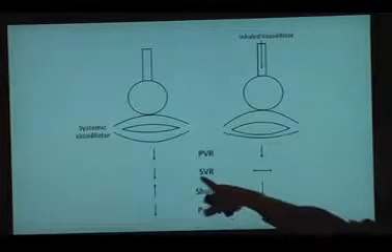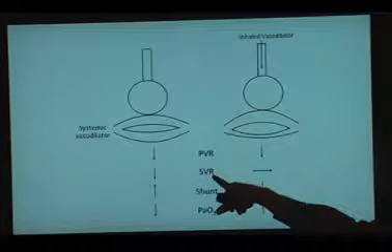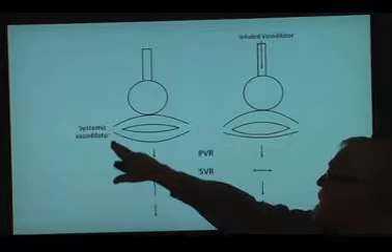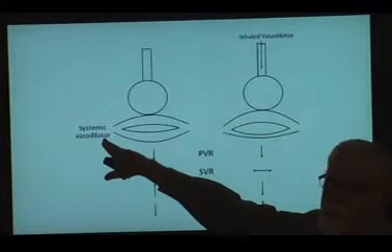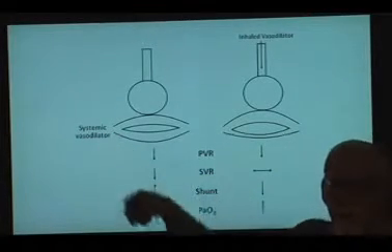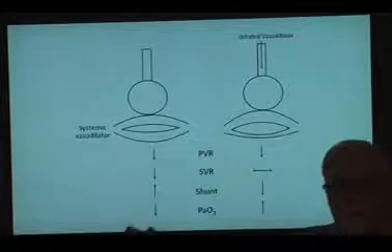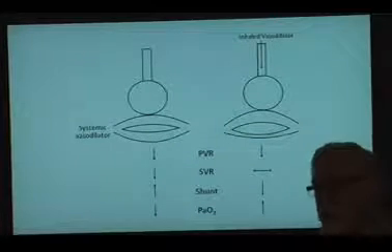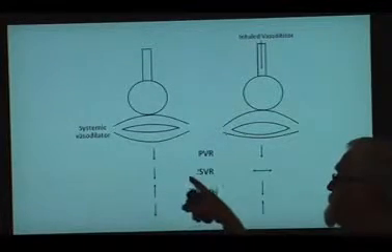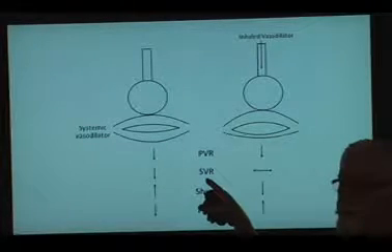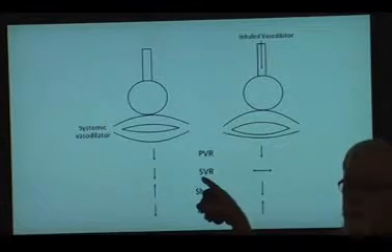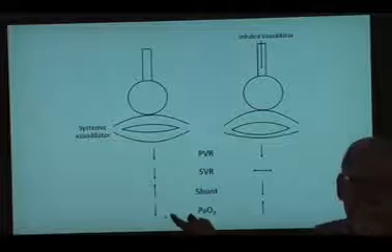However, there's a big difference in systemic vascular resistance. The systemic vasodilator is non-selective: it dilates the pulmonary vasculature, but it also dilates the systemic vasculature, so systemic vascular resistance decreases, and the result is that the patient becomes hypotensive.